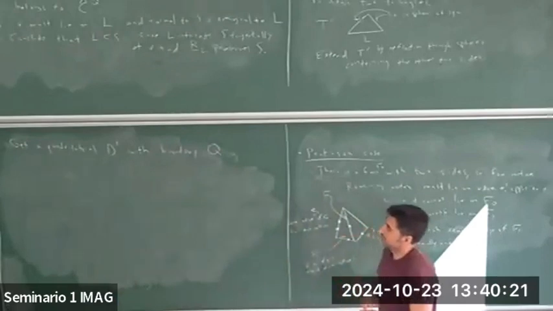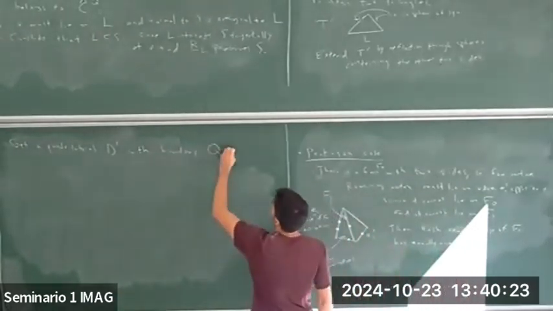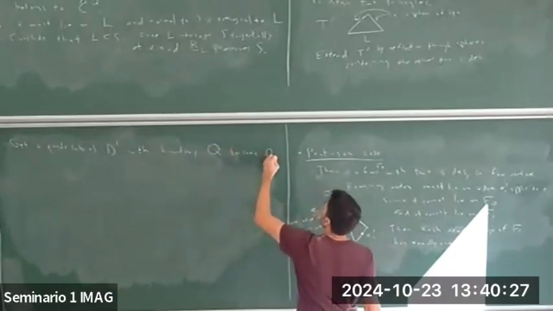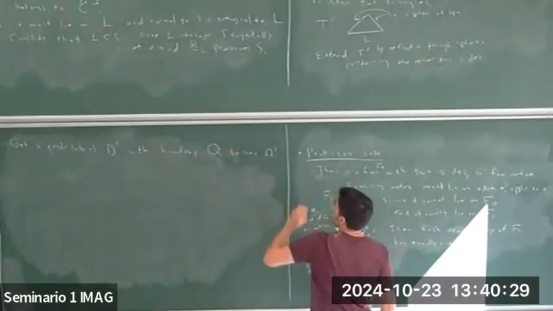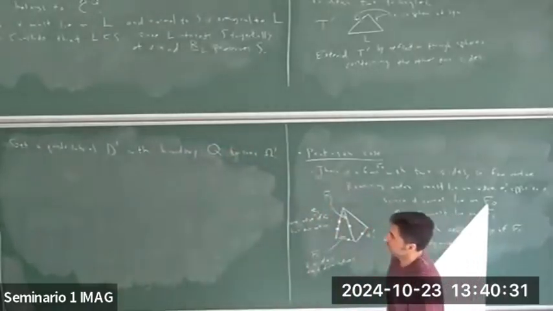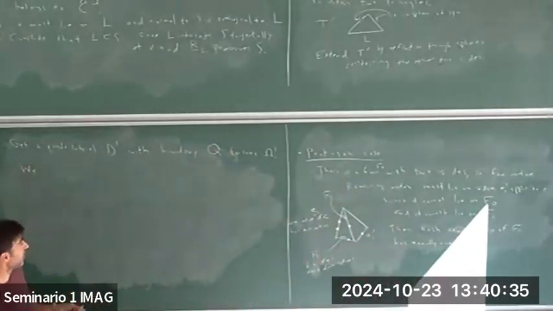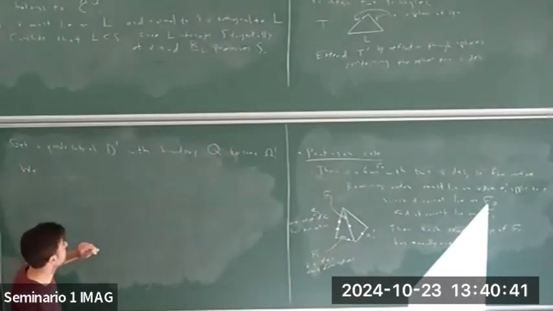Yeah, Q for some tetrahedron. Okay. And now we can almost just apply the uniqueness result, except we're not guaranteed that D prime lies in omega ij.